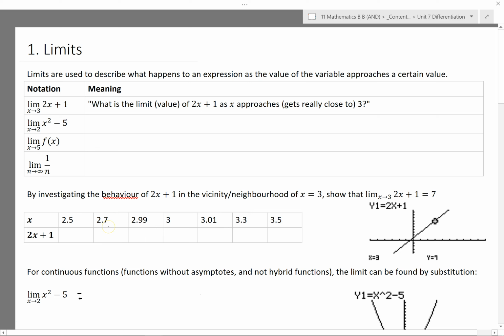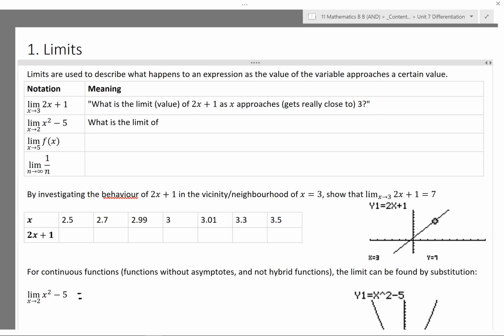So just to practice what this notation means, the second one we would say, what is the limit of x squared minus 5 as x approaches 2? It's asking us that question. Similar thing for this one.